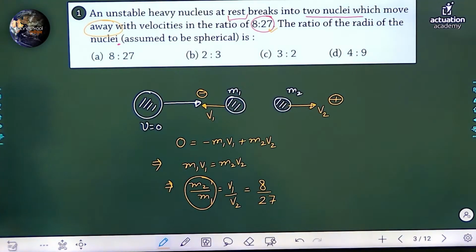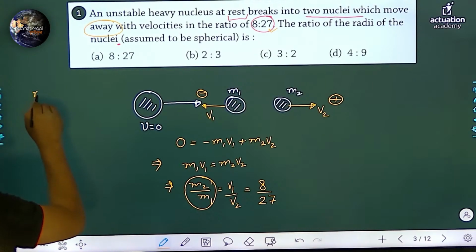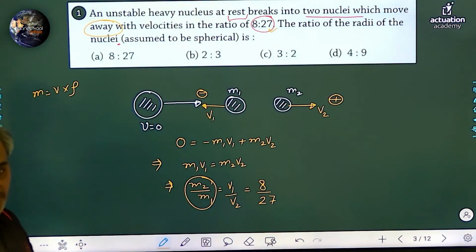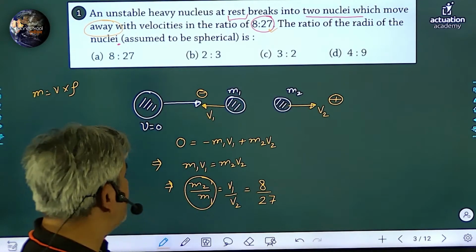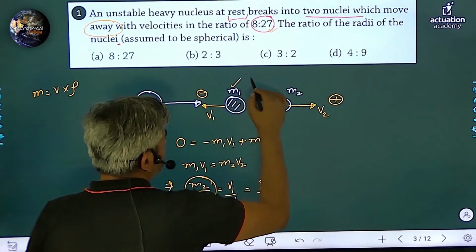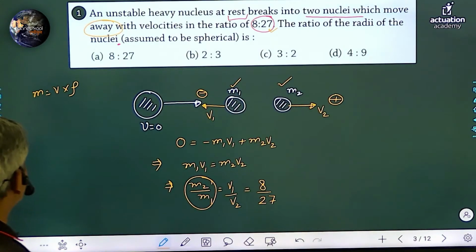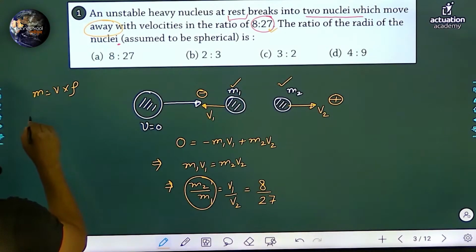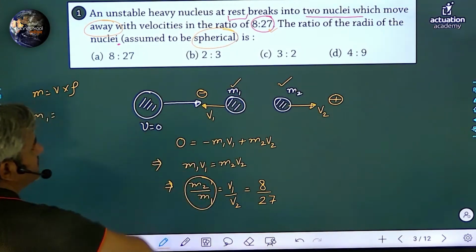Now we know the mass of a nucleus can be written as volume times density. The density of a nucleus is independent of the type of atom, so the density for both of these nuclei, M1 and M2, will be the same. We assume that these nuclei are spherical in shape.